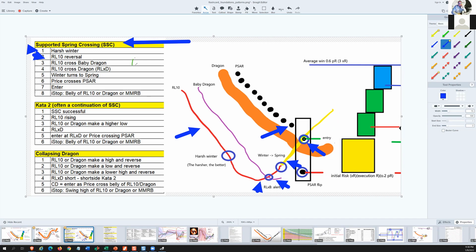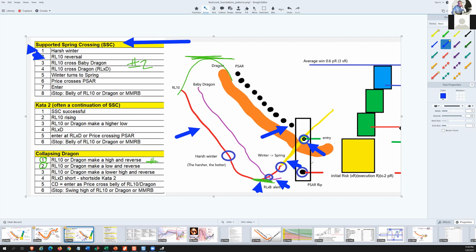So if this is my number 2 favorite pattern, number 1 is the collapsing dragon, as I said. And what we're looking for on that is the RL10 or the dragon made a high and is now reversed. So we got this thing up here. Then it comes down and makes a low.